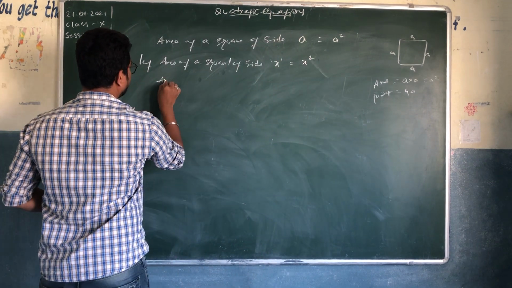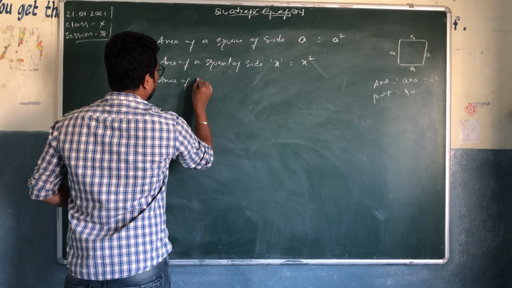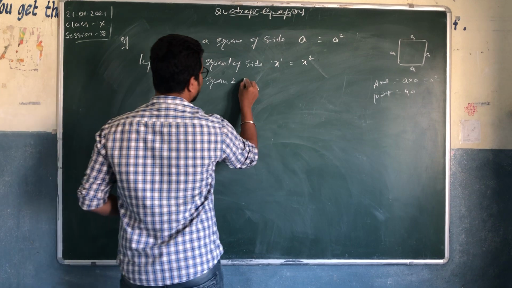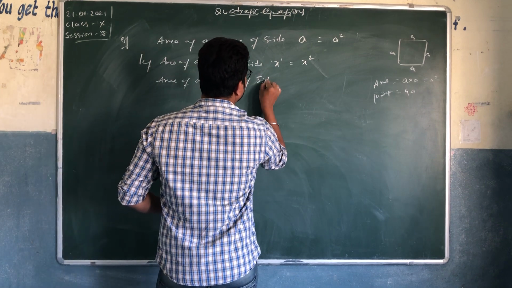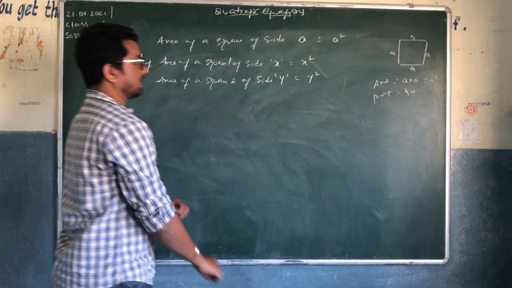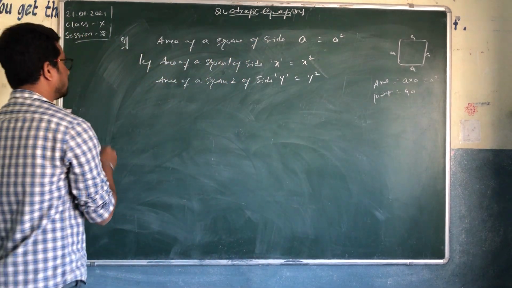Next, area of square 2 of side y is equal to y square.